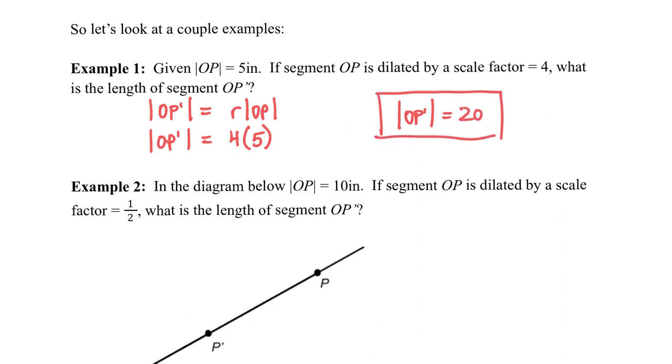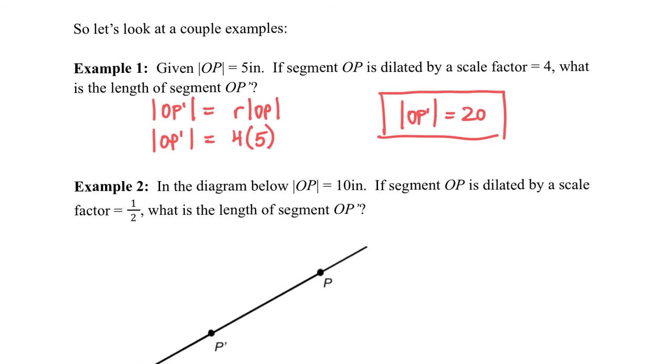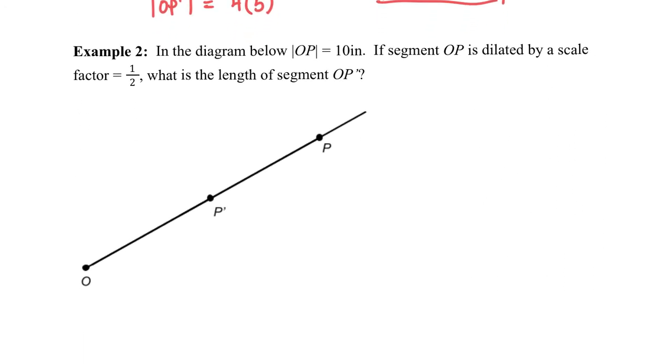So I took the length of my segment, which is 5, and I multiplied it by my scale factor. Pretty simple. What about this next one? In this next one, we have in the diagram below, the length of OP is 10 inches. So notice that OP is from here to here. So this length right here is 10 inches. If segment OP is dilated by a scale factor of 1/2, now this time we're going to cut it in half.